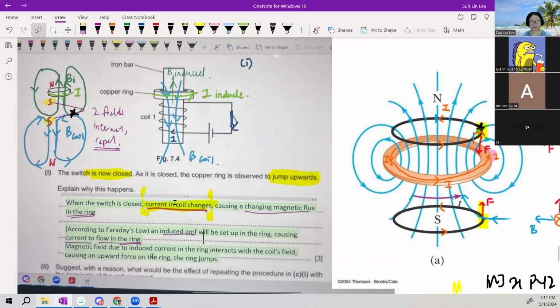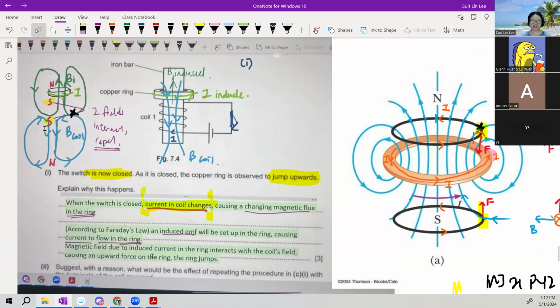So in short, to decide the direction of current or force, I always ask myself, how would I oppose the change that is happening? If I'm unsure whether the force is acting inward or outward, like what is going on, then I have to ask myself, I'm the ring, how would I oppose the change?